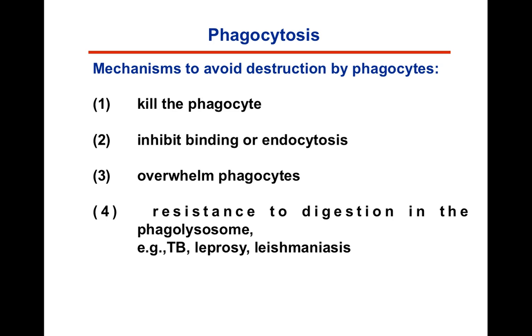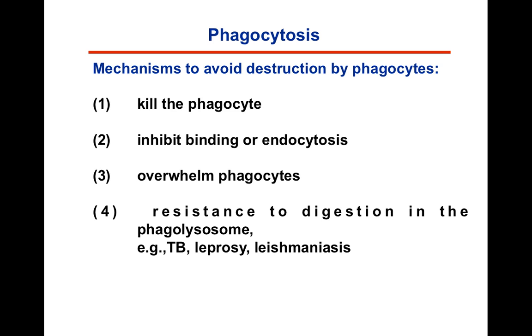One of those is they may produce, once they've been phagocytosed, a toxin that will kill the phagocyte, or there's something in their cell wall that's toxic that will kill the phagocyte. They can inhibit binding or endocytosis. They can produce a protein, an enzyme that will destroy the receptor on the surface of the bacterium, or the surface of the cell, or destroy something that's marking it.